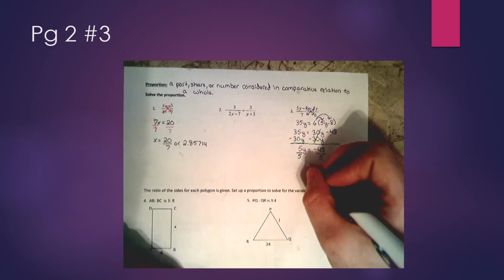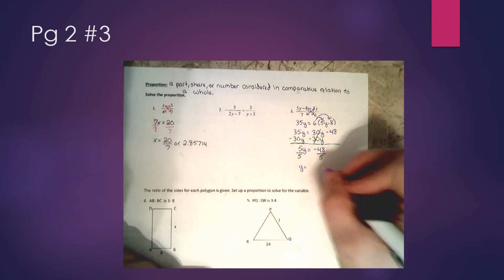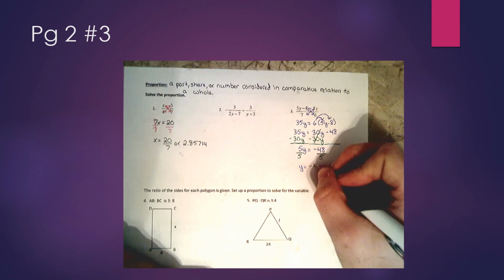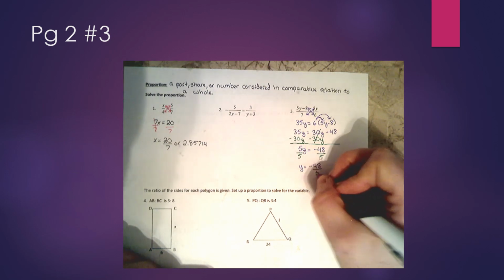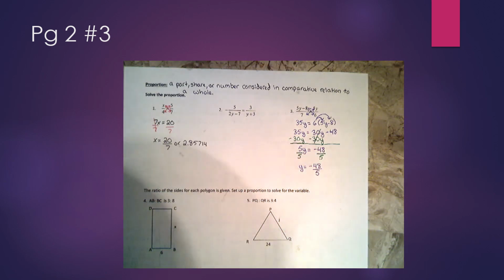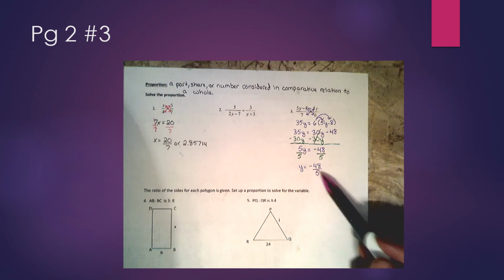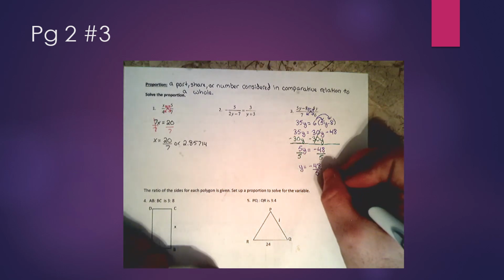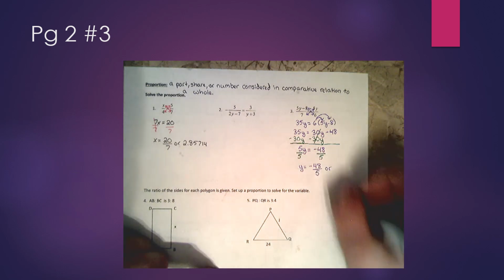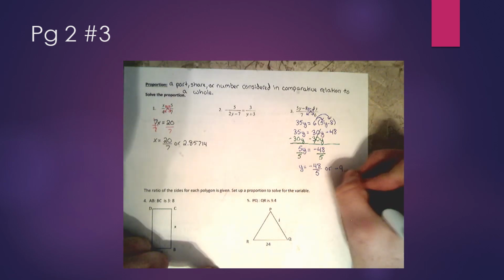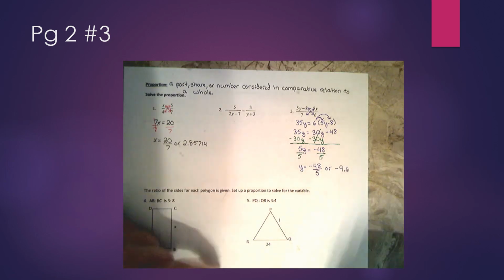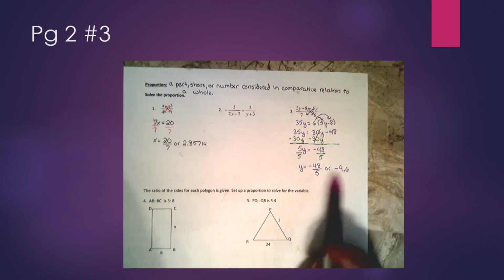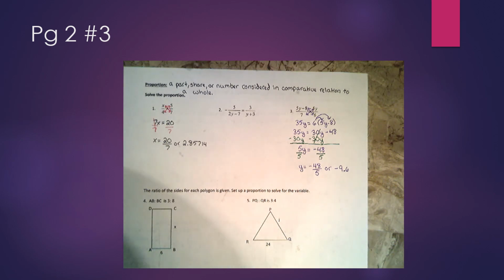So my answer could be left like this. So y equals negative 48 over 5, because we don't have a GCF, a greatest common factor. No number can go into both evenly. But let's say you wanted to make it a decimal, then you also could have your answer as negative 9.6. So either answer would be acceptable in my class.